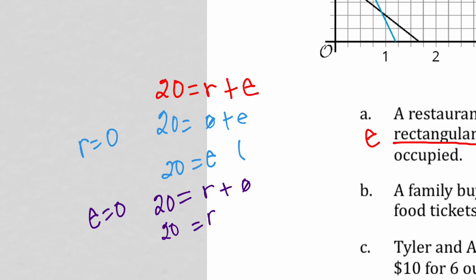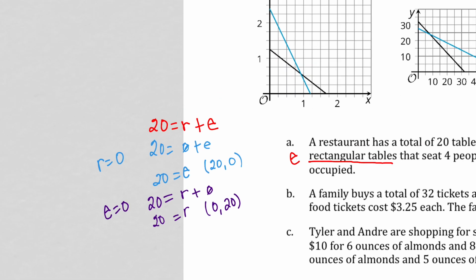It's going to be, depending on which one we put as our X. Do you want R to be on the X-axis or E? E. So this one would be 20, comma, 0, and this one would be 0, comma, 20.